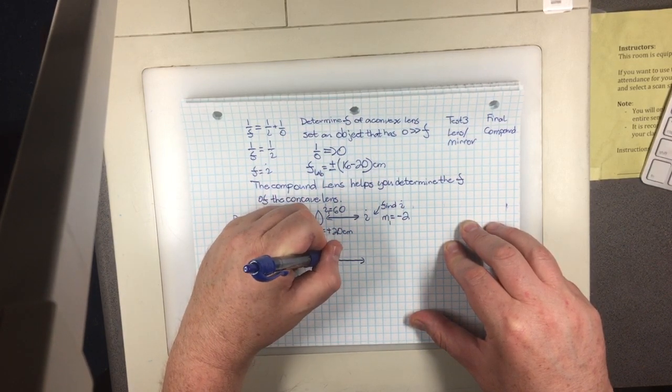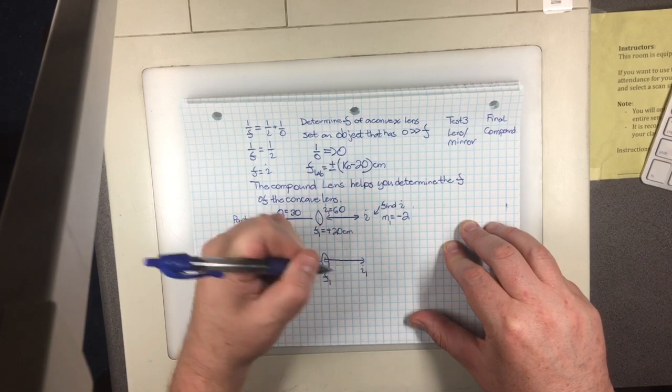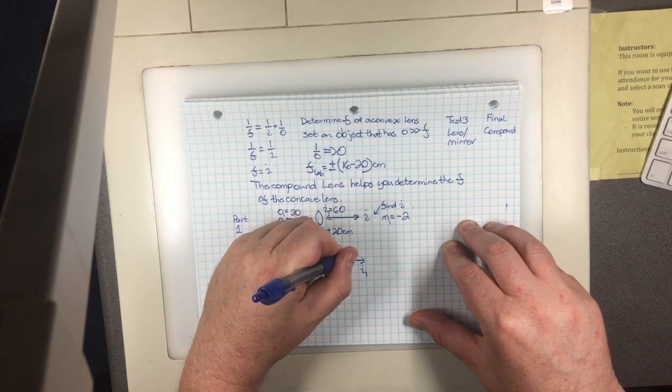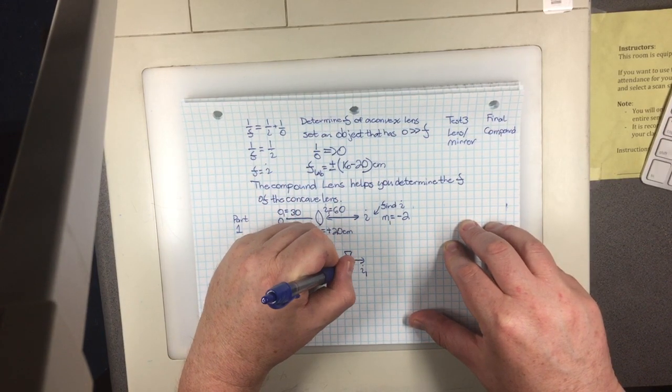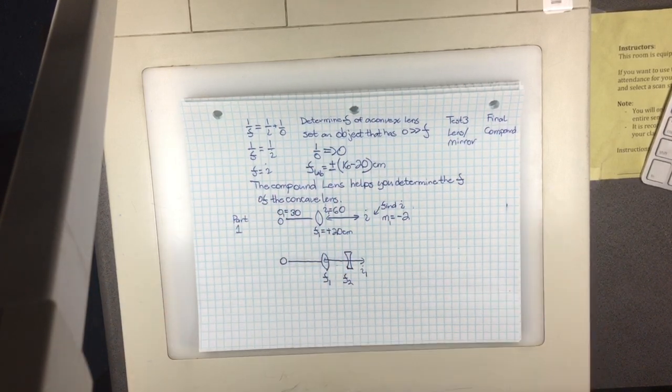This is still I1, but what I've done in between is I've placed a concave lens in between the first image, I1, and F1, and it's going to be a diverging lens.